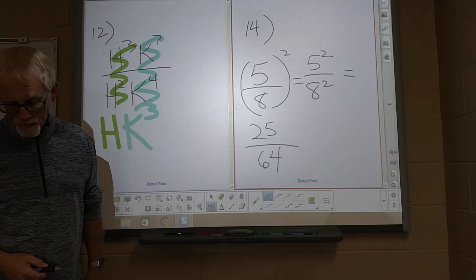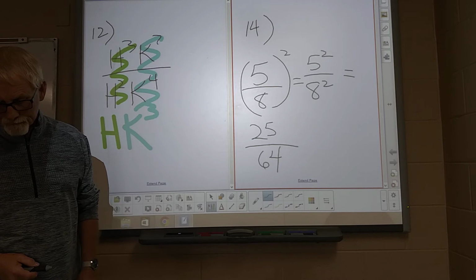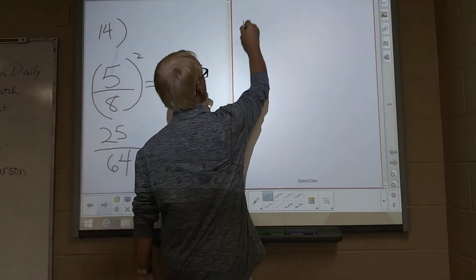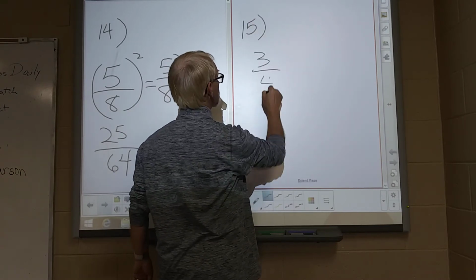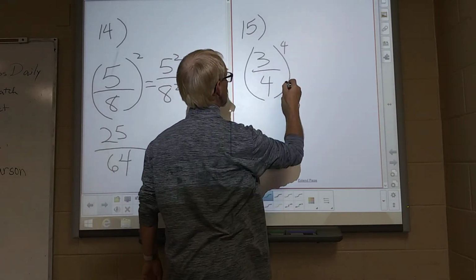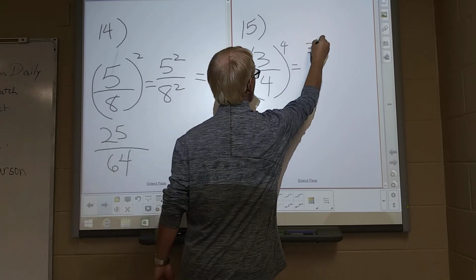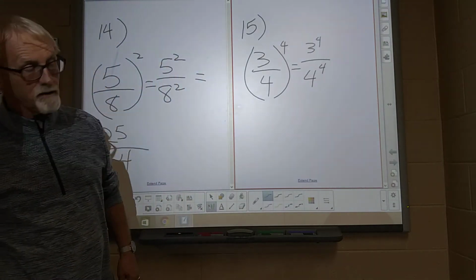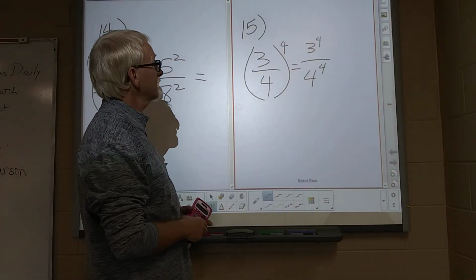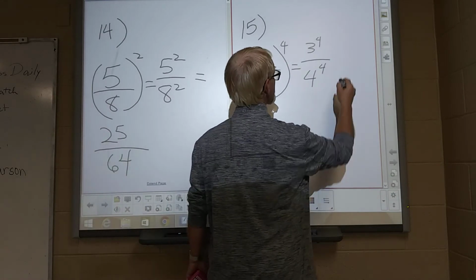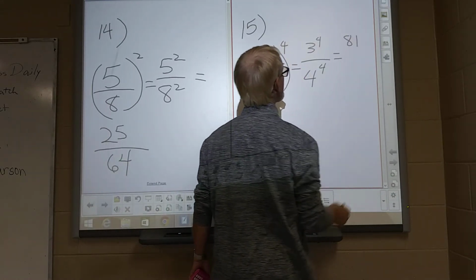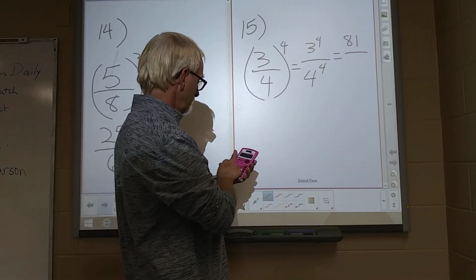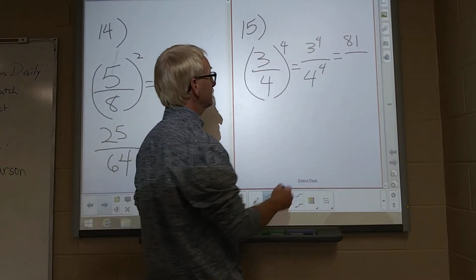How about 3/4 to the 4th power? Number 15 would be the last one. That equals 3 to the 4th over 4 to the 4th. 3 to the 4th power: 3 times 3 is 9, times 3 is 27, times 3 is 81. And 4 raised to the 4th power is equal to 256.